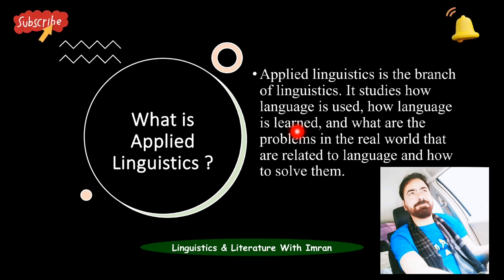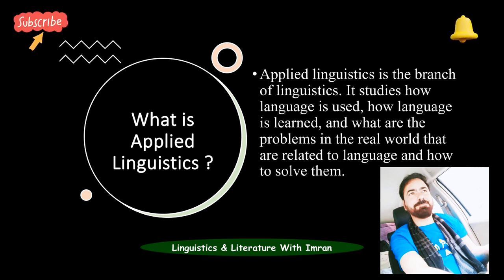What are the problems that people encounter when they use language in the real world, and how to solve those problems which are related to language. This is the function of applied linguistics, and this is what an applied linguist does. So we will discuss all this in detail in this lecture.